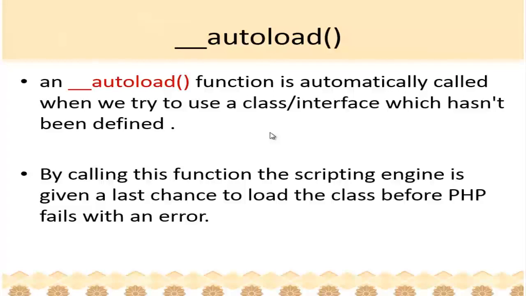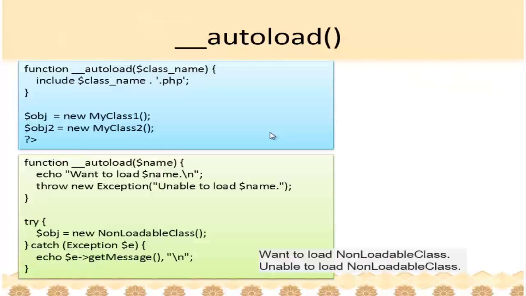The autoload will automatically load a class when it is required. It can be a class or it could be an interface. So how do I do that? The way in which I do it is I use this method and then I write how it has to be included. So underscore autoload, name of the class. If you are using the general convention, then you take the name of the class plus .php.